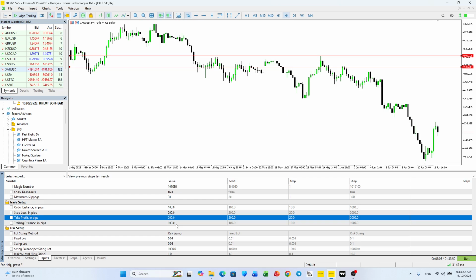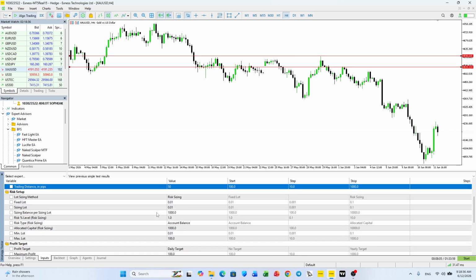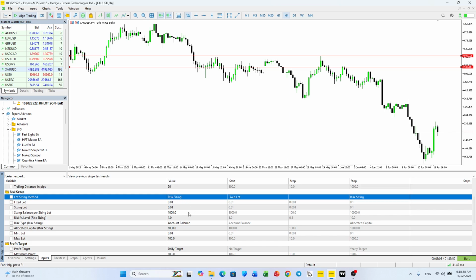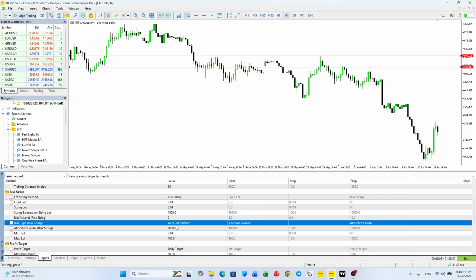For trailing stop, I will use only 50. And for each trade, I will risk 2%, which is $20.